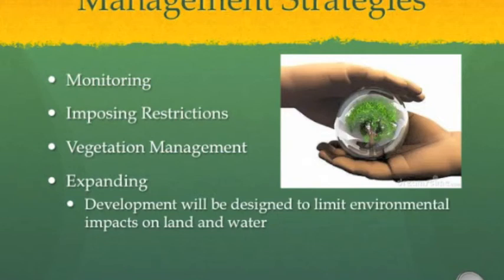More so, imposing restrictions, educating the public on why the restrictions are put in place, and enforcing the restrictions will lessen the direct impact for visitors. Accordingly, vegetation management will promote forest regeneration, wildlife habitat, and public safety, while not permitting commercial forest operation. Finally, expansion will assist in management procedures, as development will be designed to limit environmental impacts on land and water, while offering more activities for visitors.